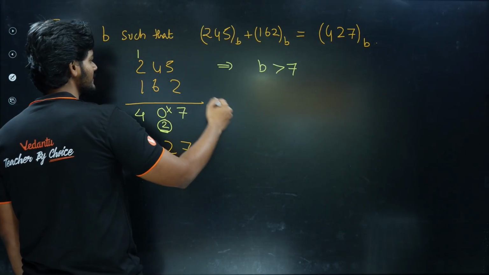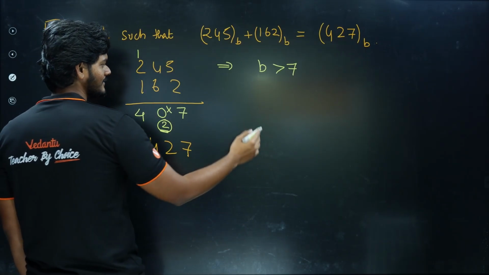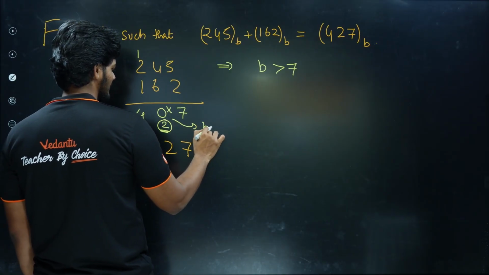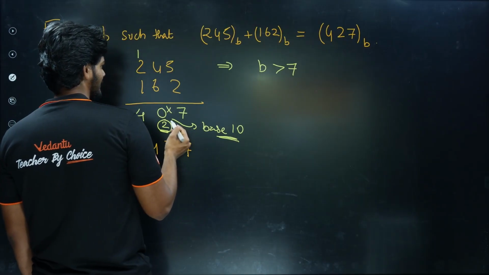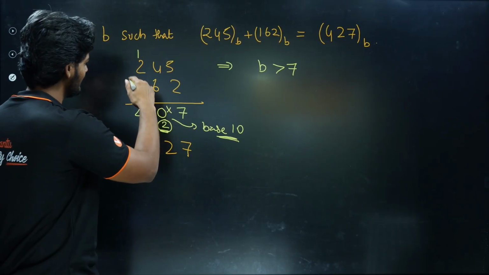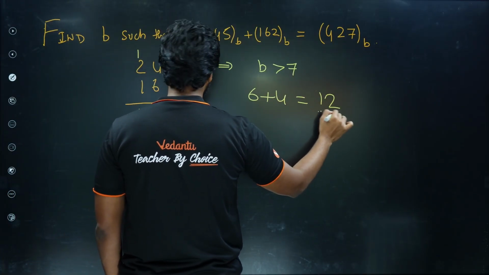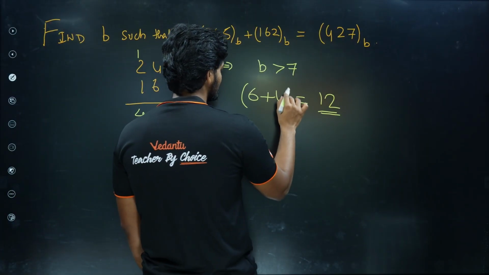It should have been 0, as in base 10, but since it is some other number, we have carry 1, so 6 plus 4 is equal to 12, since we have 2 here, and this is base b.